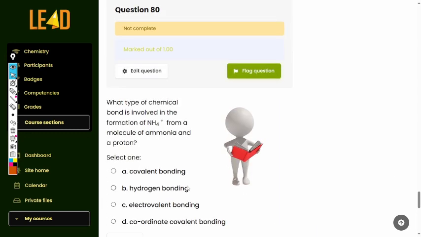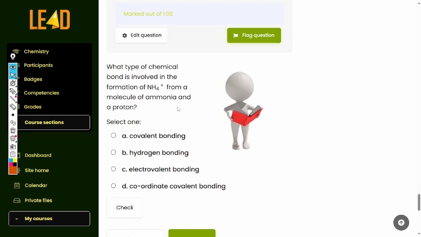80. What type of chemical bond is involved in the formation of ammonium from a molecule of ammonia and a proton? Okay, so ammonia is NH3, with a pair of electrons here that is not bonded. Then a proton is just a hydrogen atom that has lost its electron, so the shell is empty.